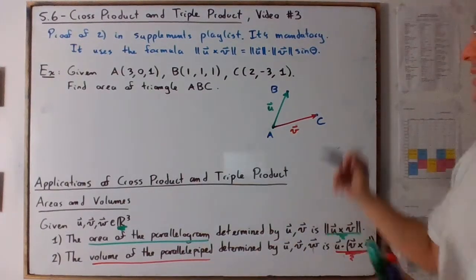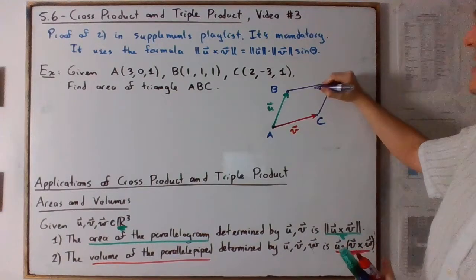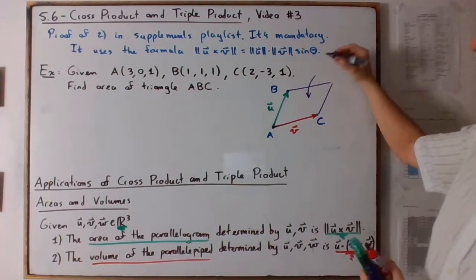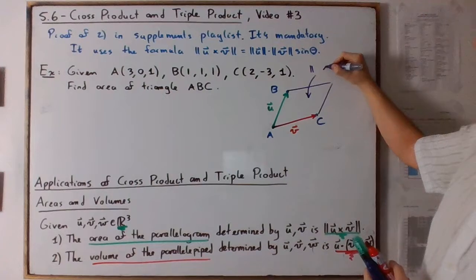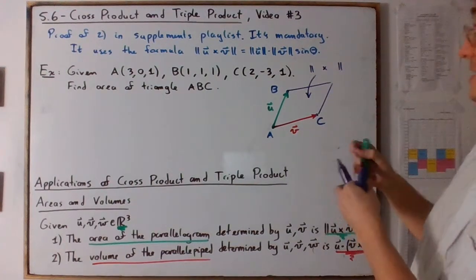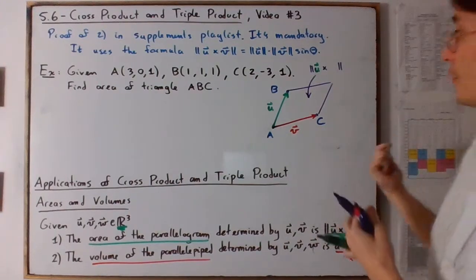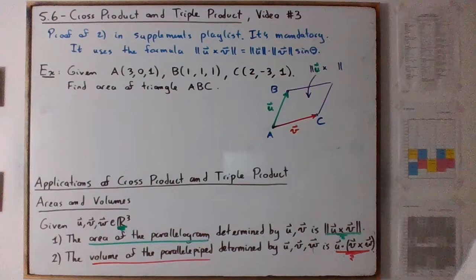Well, the area of the parallelogram, so this area right here, will be the norm of u cross v.